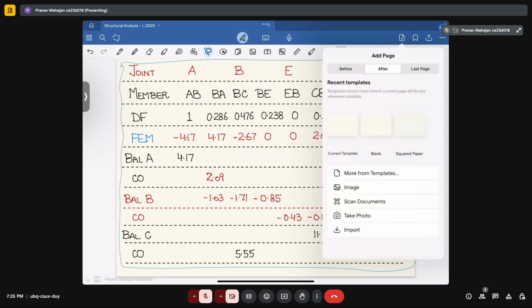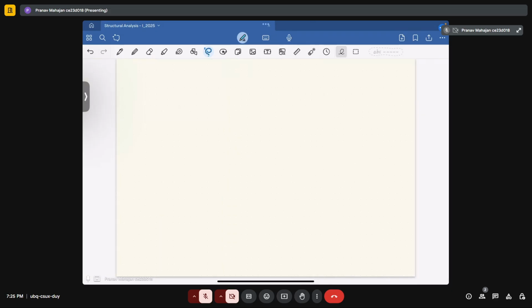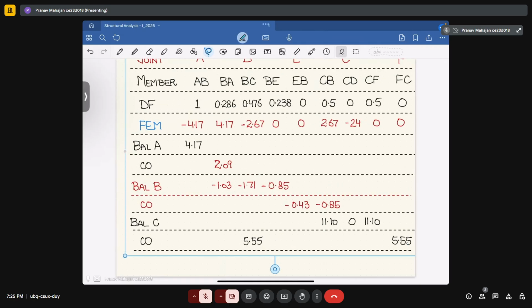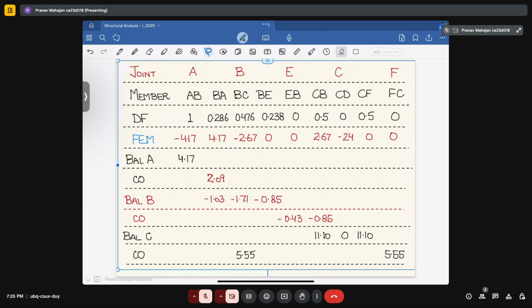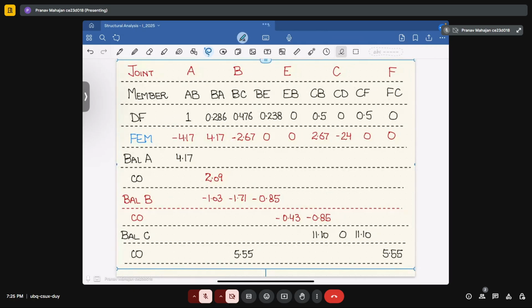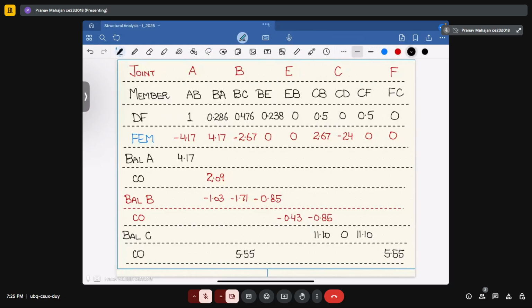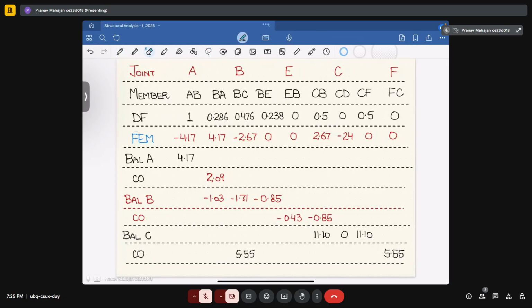Okay, so let's solve them by removing the additional part that we have to make again. Okay, so till 5.5 we have reached.